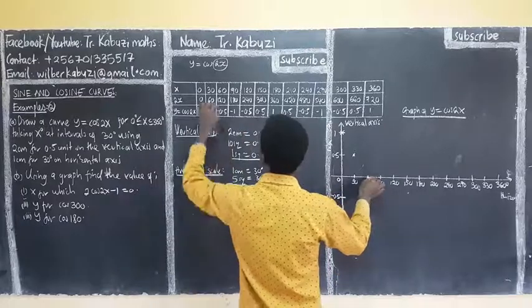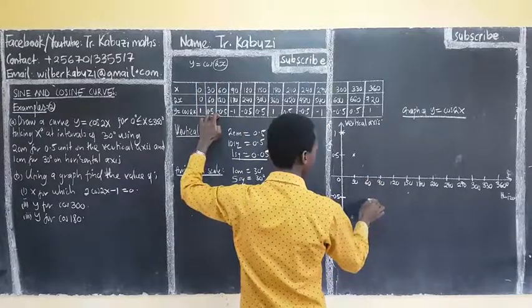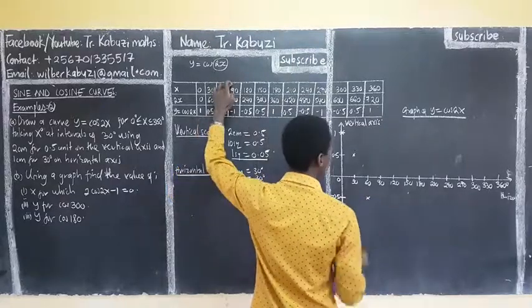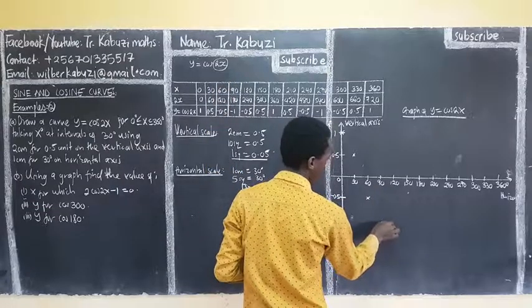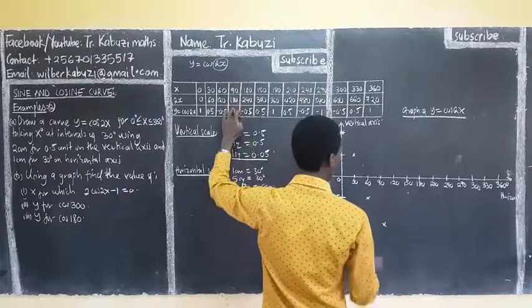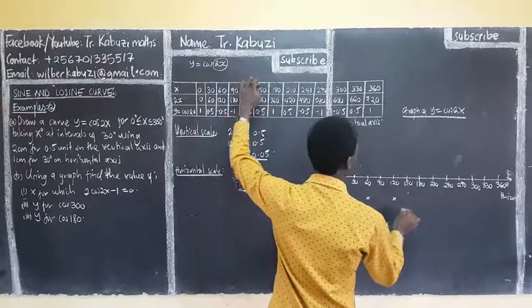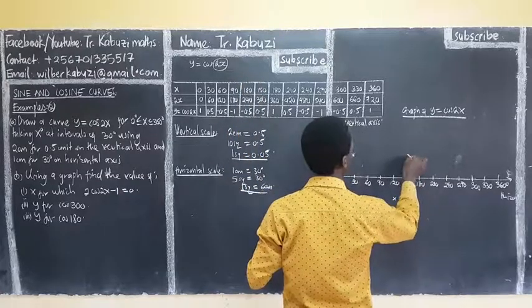When x is 60, y is negative 0.5, which is here. When it's 90, it's negative 1 there. When it's 120, it's negative 0.5. When it's 150, it's 0.5 there.